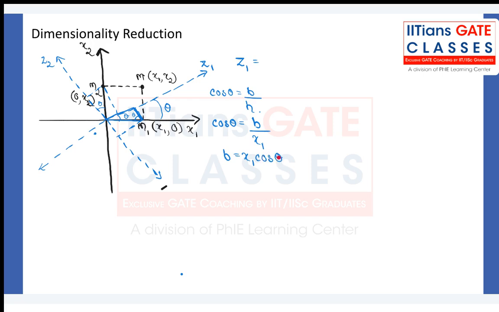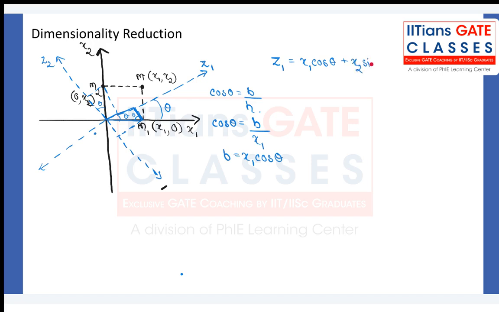So on z1, for m1 it is x1 cos theta, and if you calculate for m2, which I highly encourage you to pause the video and do, it is x2 sine theta. If you can't do it, please ask in the comments, but I hope you do it.